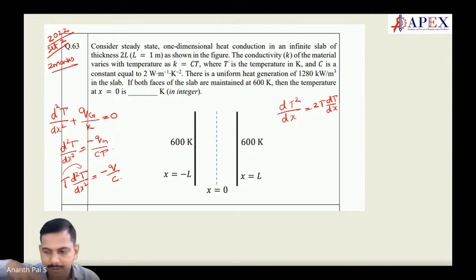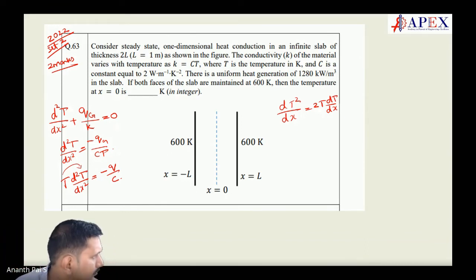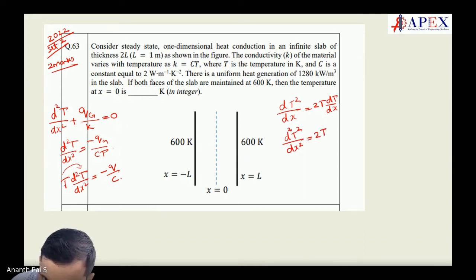How do you integrate? 2T dT, is it not? Or we can say dT square by dx square. Can I write it as 2 times T into d square T by dx square? Can I see that?